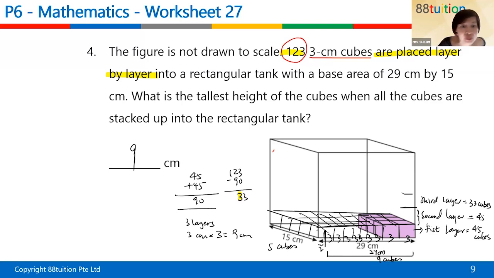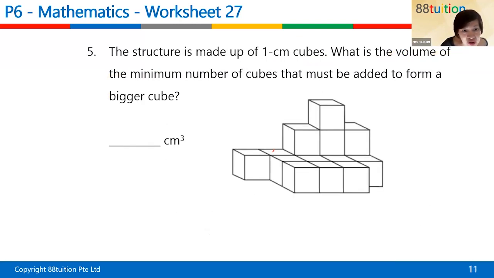Okay, next question. Question 5. What is the minimum that can be added to form a bigger cube? So you wanted a cube, you would have 1, 2, 3, 4, 5. It's a 5 by 5 sided. Means 5 by 5 by 5, you get 125.